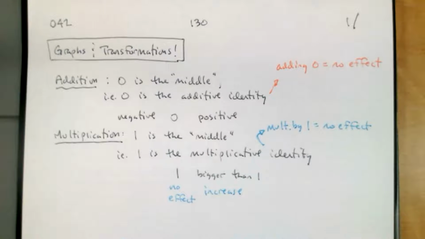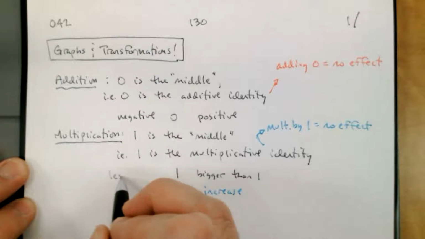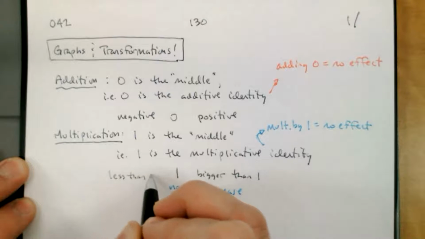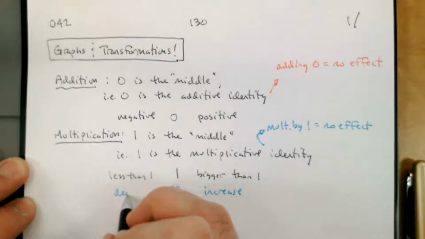We multiply by exactly 1, we see no effect. If we multiply by something less than 1, but still above 0, a fraction between 0 and 1, then we'll make things smaller. We have a decrease.